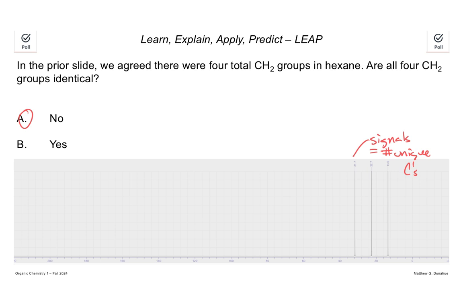When we get into Module 2, we'll talk more about the location in which you see those signals on that x-axis. But for now, all we're doing is counting.